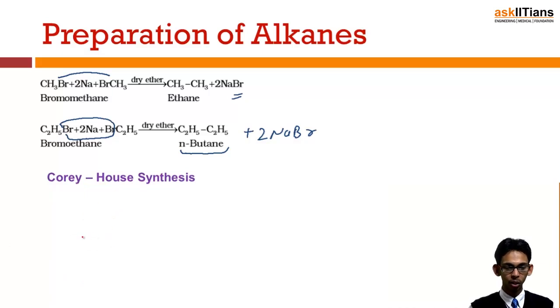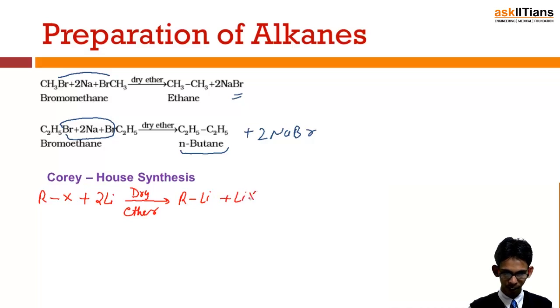The next one is Corey-House synthesis. This is another name reaction, and in this, alkyl halide is first reacted with lithium metal in the presence of dry ether, ether free from moisture, which results in the formation of alkyl lithium, and lithium halide comes out.